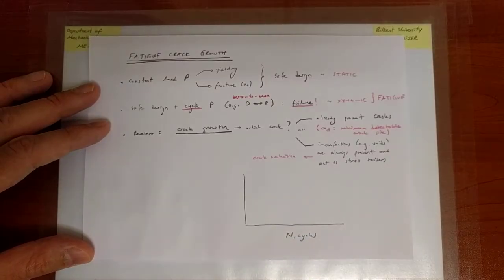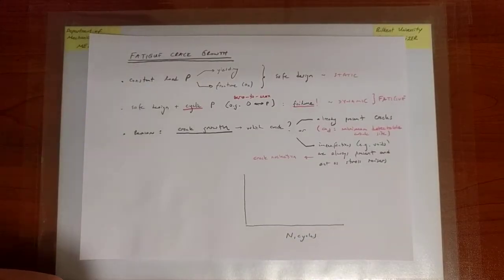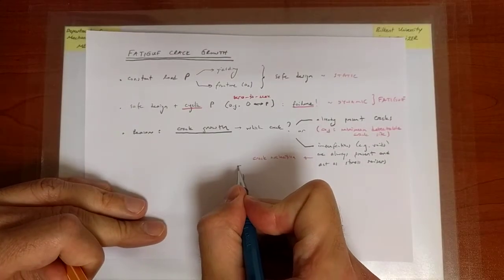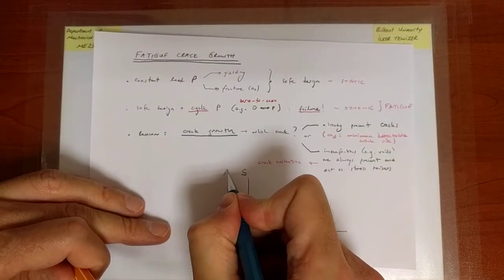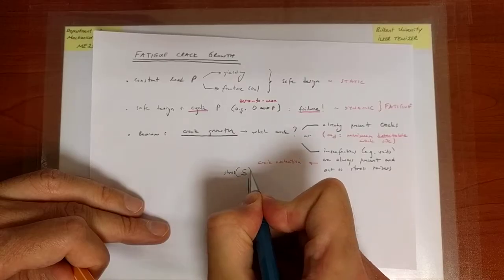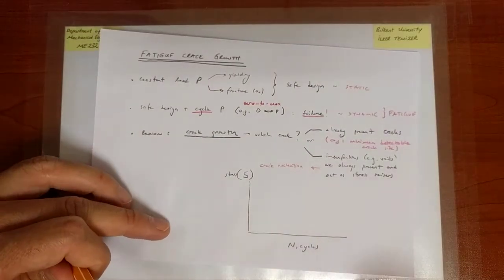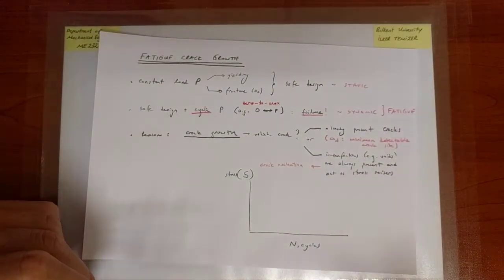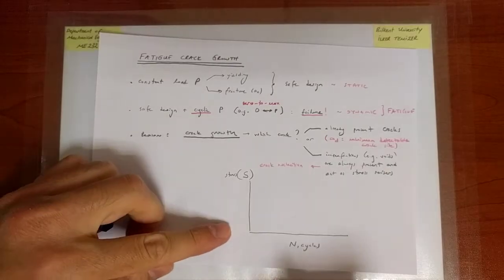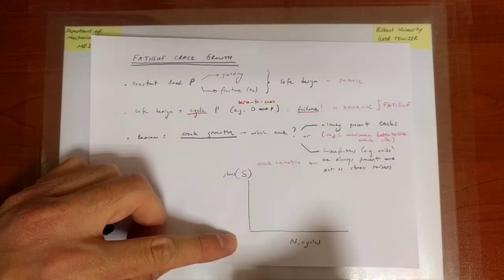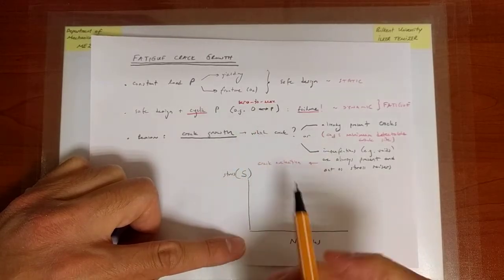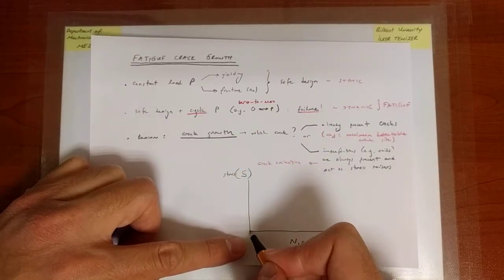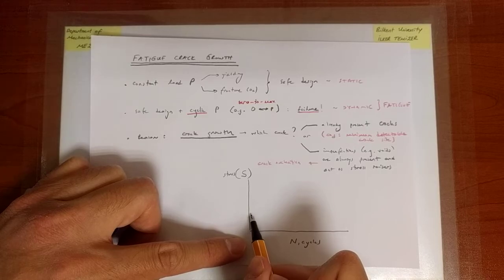And what we're saying now is that we have a load, and let's write the magnitude of the load here, and that's our stress. If you like, this is like a gross stress. That's why I have used S here. Gross stress on a fractured specimen. We apply a load that causes this gross stress to vary over time. Now, I'm going to choose again a 0 to max type loading because that's what I initially started with.